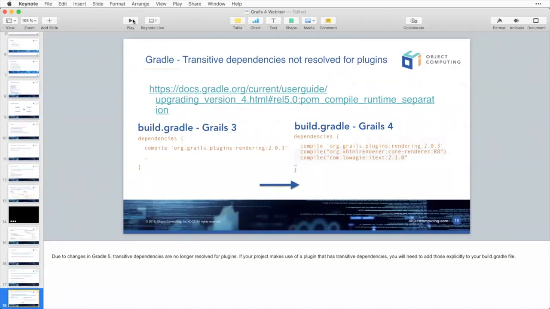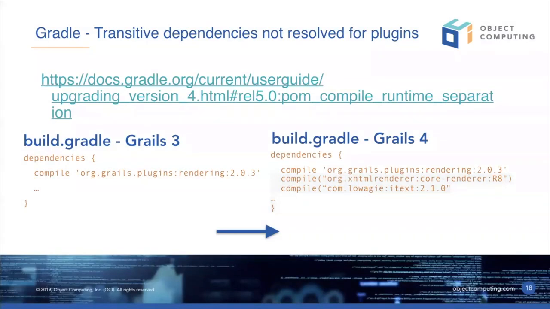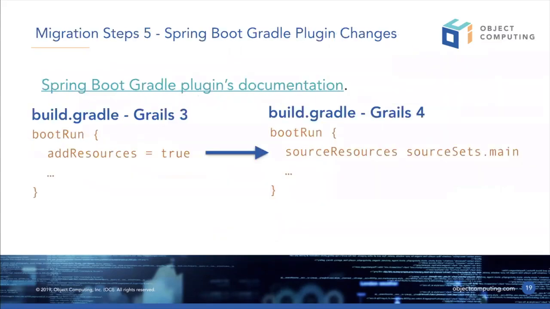You have to explicitly bring them into your project. So if you apply a plugin and you are getting class not found exceptions, think about this: chances are that the transitive dependencies of the plugin are not being brought into the classpath.